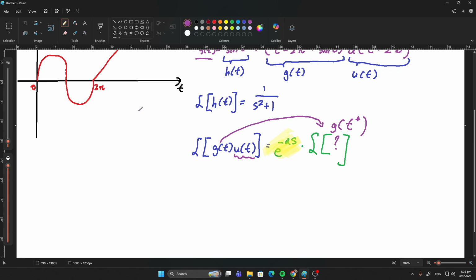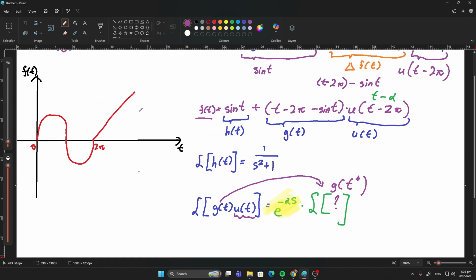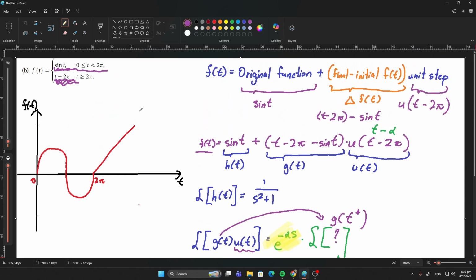Maybe let's go back to the graph. So essentially we are touching on the second half when t is more than 2 pi. But to make life easier, I want to, in a way, generate a new graph. What do I mean by that? I want to make my new point the origin.